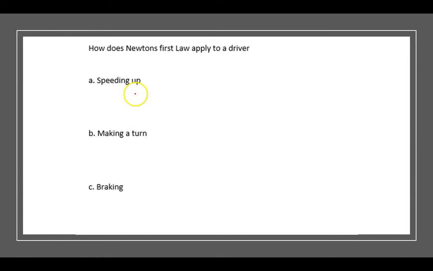So if we apply this to a driver, as the car is speeding up, the driver is an object at rest within here and is going to feel a push back. But they're not actually being pushed back. What's actually happening is the car is moving forward and the driver is staying still.